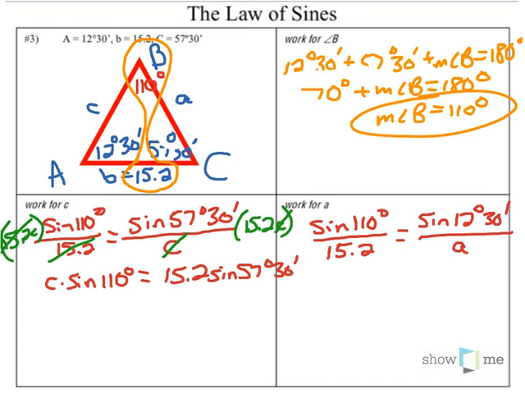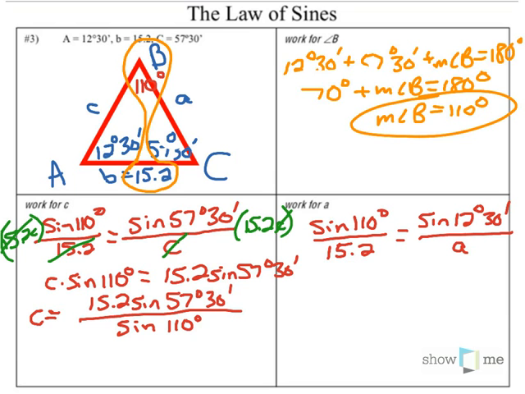If I divide both sides by sine of 110 degrees to get C by itself, I would get the following. This would be what we would call the exact answer. We have to put it in our calculator to get an approximate answer.